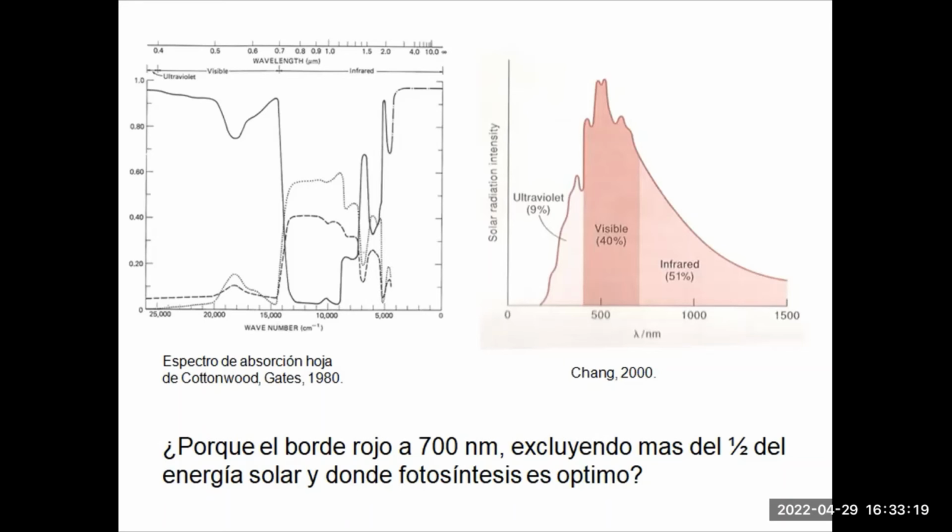But be careful, because biologists think this is something inherent in nature, that this red edge would always be the same at 700 nanometers. But we have just shown that it depends on the intensity of the spectrum of light arriving at the surface of the planet.